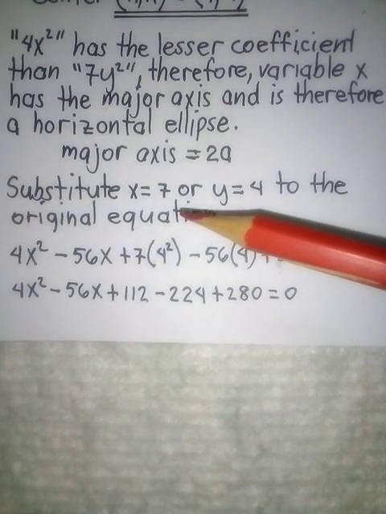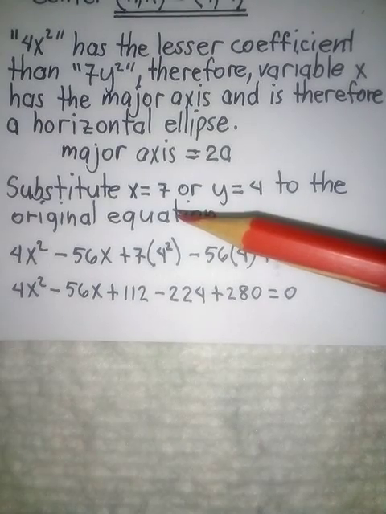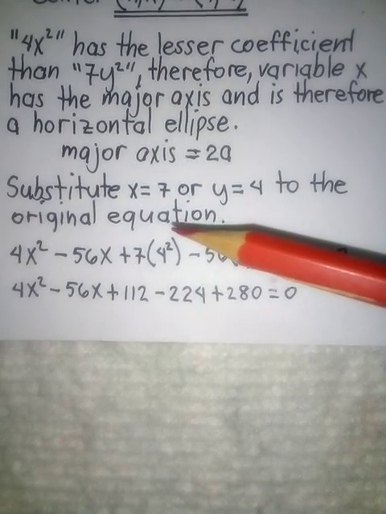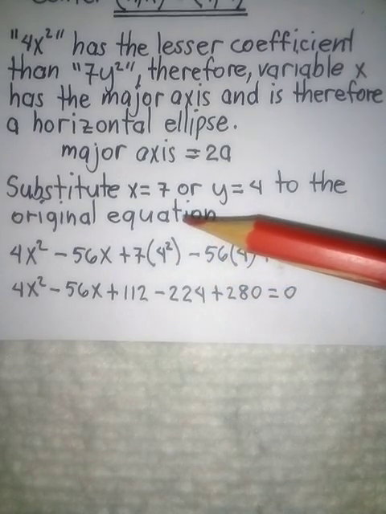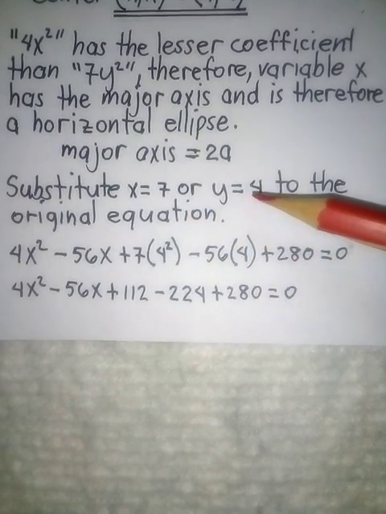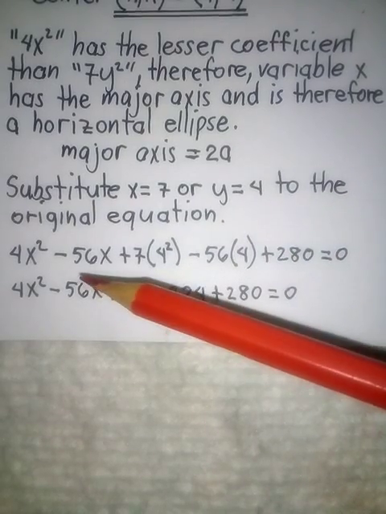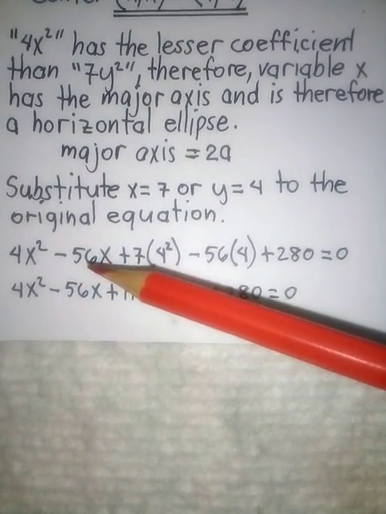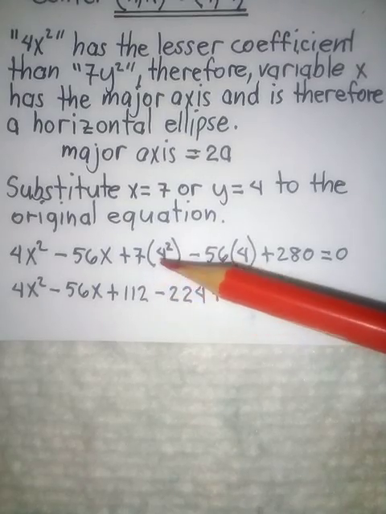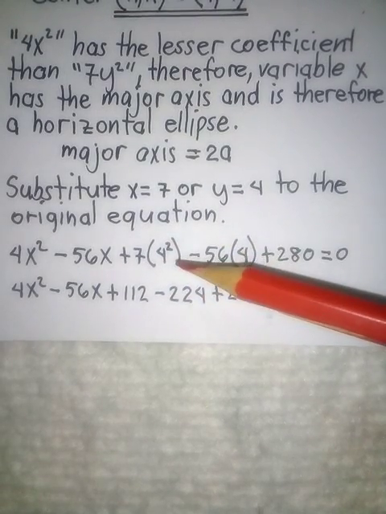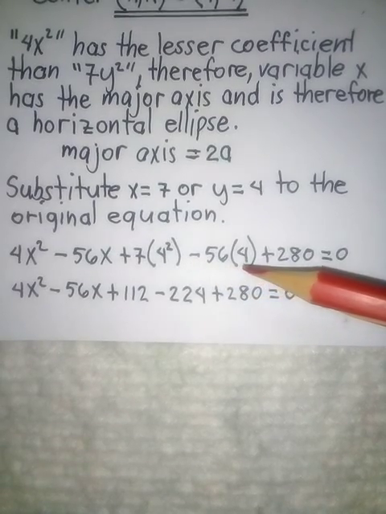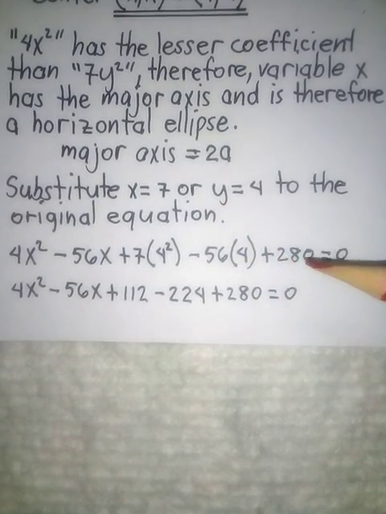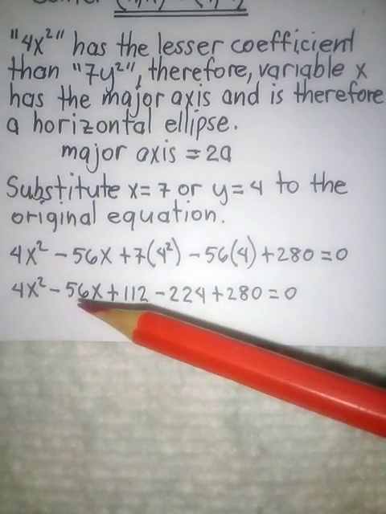So, we have 4x squared minus 56x plus 7 times 4 squared minus 56 multiplied by 4, plus 280 is equal to 0. So, we will have 4x squared minus 56x plus 112 minus 224 plus the constant 280 is equal to 0.